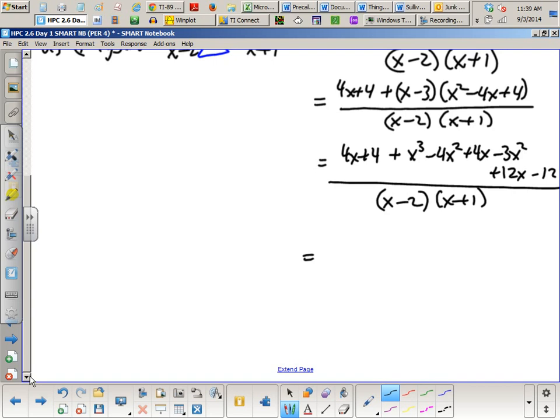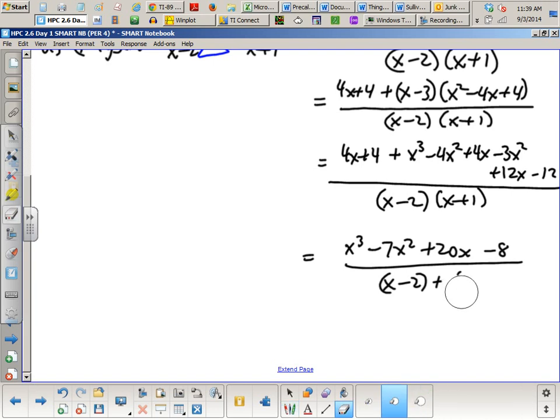And group your like terms. So you have an x cubed, minus a 7x squared, 20 x's, and for constants, a minus 8. And the denominator is the product of the two original denominators.